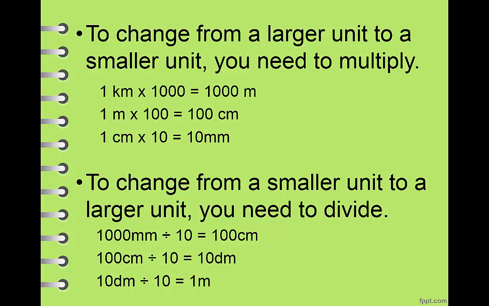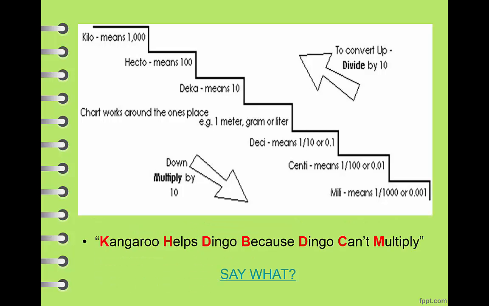Okay. Now, you could memorize the chart, you could memorize all those numbers, and eventually that is pretty much what you'll do, but there are ways to help you remember what you're seeing there. So for example, if I look at those 6 that I said, we have the kilo, the hecto, and the deca that are multiplying up. We have deci, centi, and milli going down.